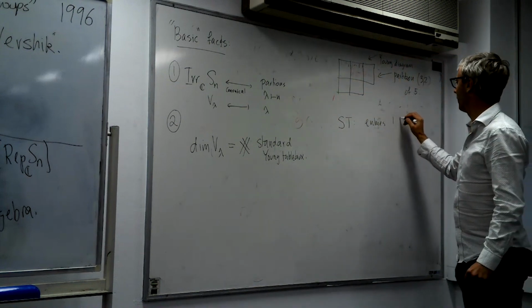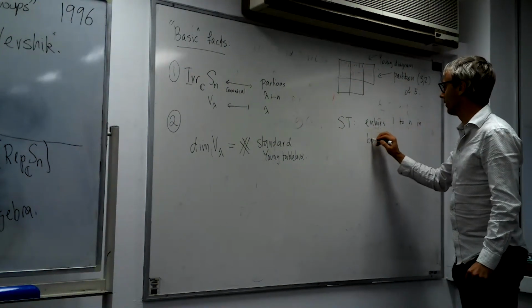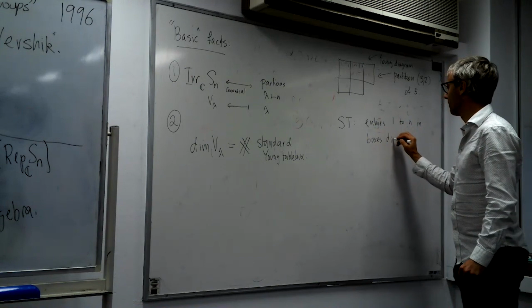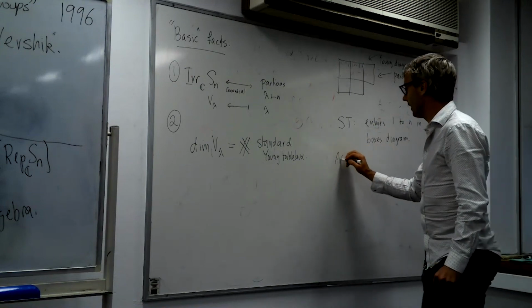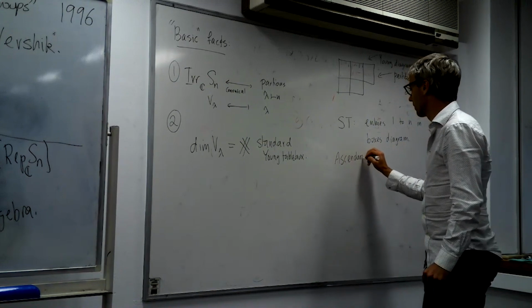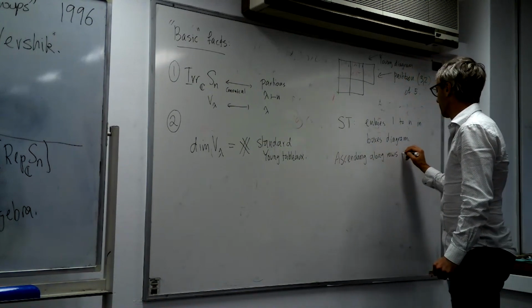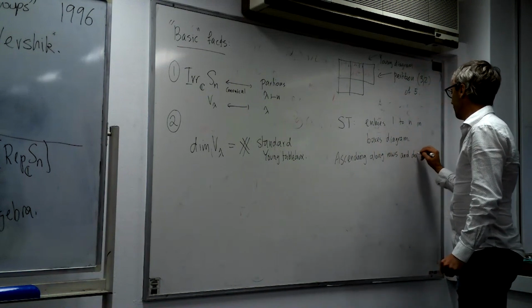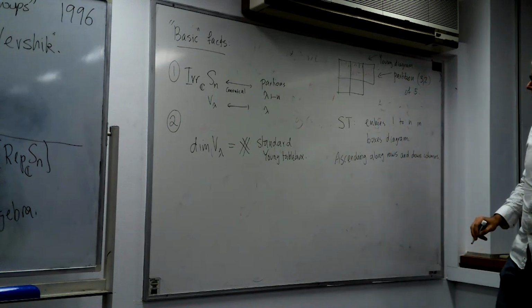A standard tableau means I put entries 1 to n in the boxes of the Young diagram, ascending along rows and down columns.